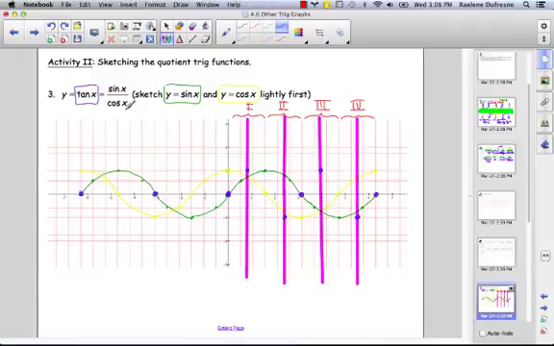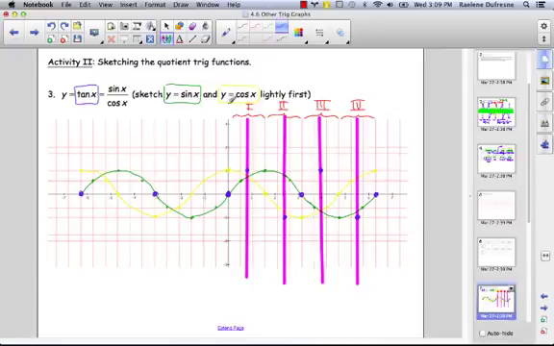Now whenever cosine x has zeros, the sine x has either a maximum or a minimum. And so whenever cosine x has a 0, the tangent function will be non-zero over 0. And as a result, the zeros, or x-intercepts of the cosine graph, will be vertical asymptotes of the tangent graph.